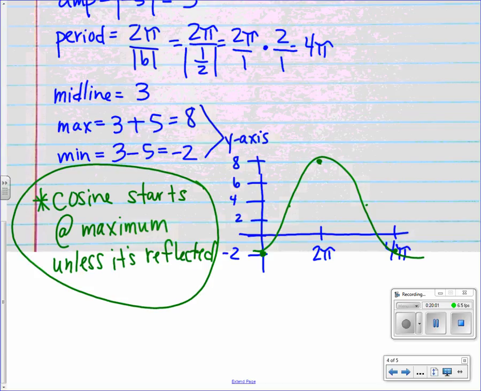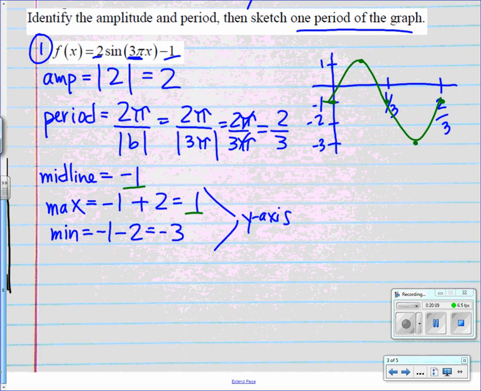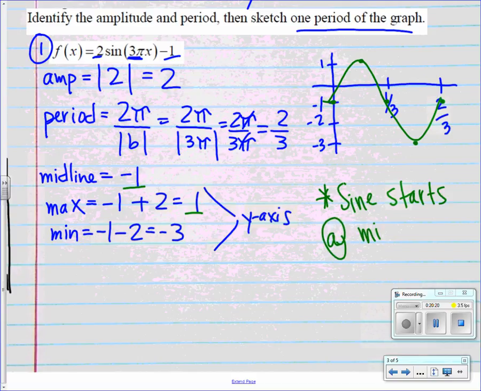And then sine, I forgot to write on this previous page, you guys. I'm sorry. It's been a long day. Then on sine, we can write, sine starts where? Yep, starts at midline. And it is only when it's reflected that it goes down.